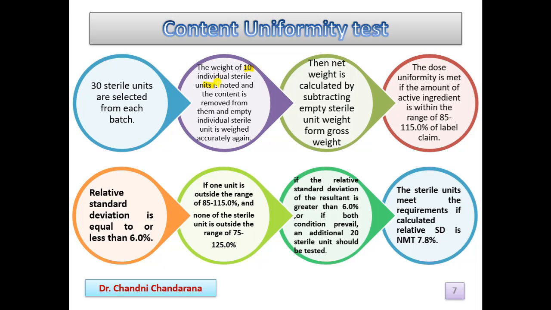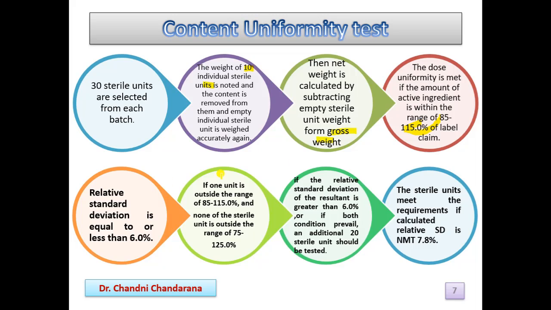We have to first weigh the filled container and then the empty container. Then the net weight is calculated by subtracting the empty sterile unit weight from the gross weight, meaning the filled container. The dose uniformity is met if the amount of active ingredient is within the range of 85 to 115% of the label claim.